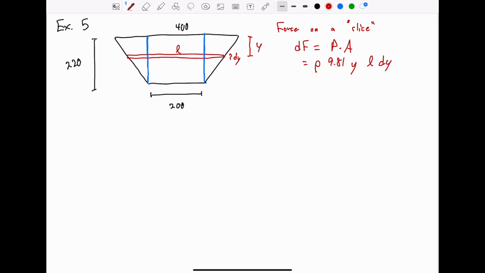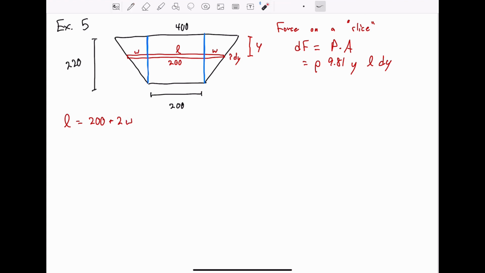Now, we're told that the width at the bottom is 200, so we have 200 meters between these two vertical lines. And then let's just call this length W for a width, and we have the same width W on the other side. So we can write L, the total length, as 200 plus 2 of these lengths W.